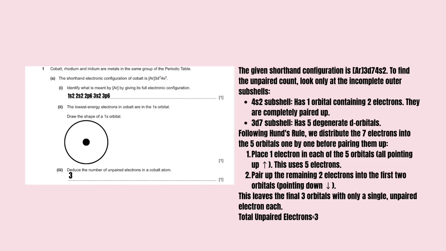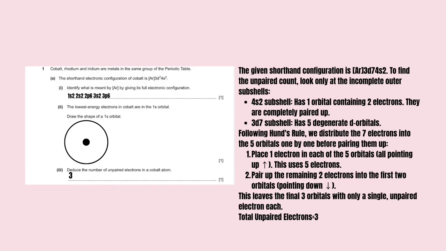To find the unpaired count, look only at the incomplete outer subshells. First, the 4s2 subshell has one orbital containing 2 electrons. They are completely paired up. And then the 3d7 subshell has 5 degenerate d orbitals. Following Hund's rule, we distribute the 7 electrons into the 5 orbitals one by one before pairing them up.